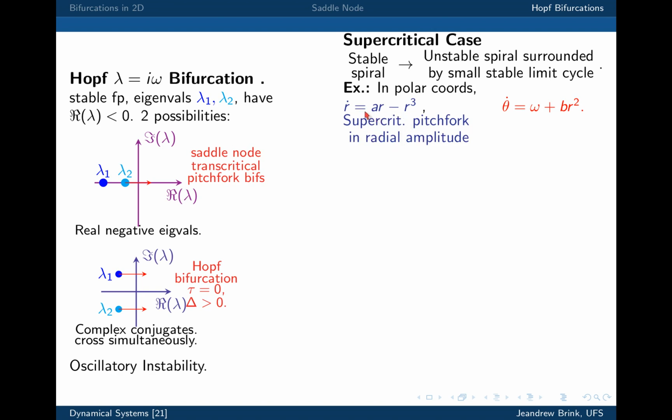So r, remember, stands for the square root of x squared plus y squared, so it's the radial distance or the radial amplitude of your motion in your xy plane. This theta dot is basically the frequency of the oscillator. And here we can see that it depends on omega, which is going to be related to the fixed point. But it's also dependent on the amplitude.